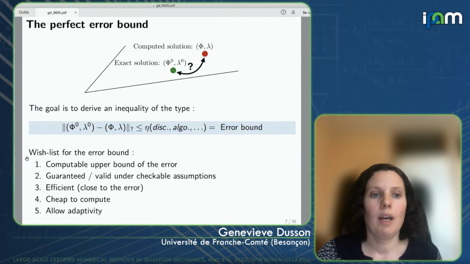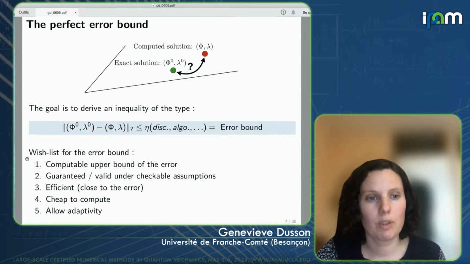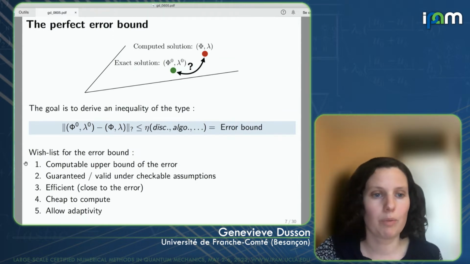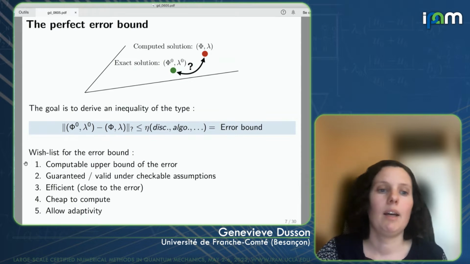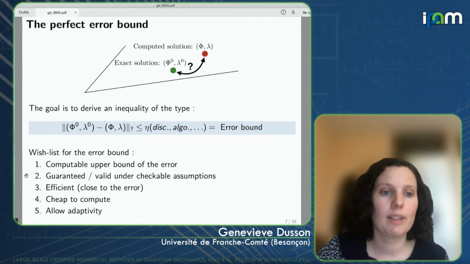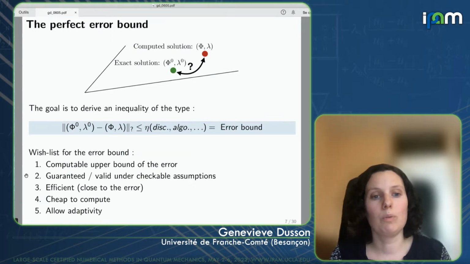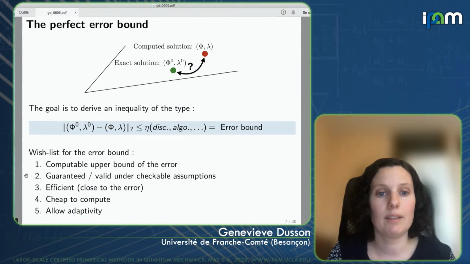Let's say a dream error bound should have a few properties. First, it should be computable. Second, it should be guaranteed. And if not guaranteed in all cases, at least we should be able to know whether the bound is valid or not.